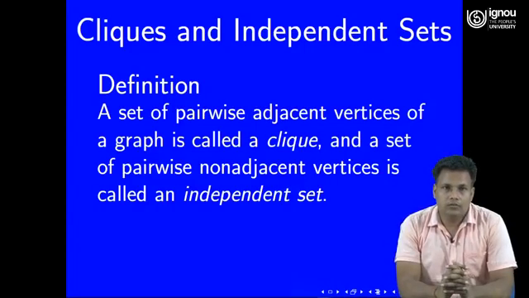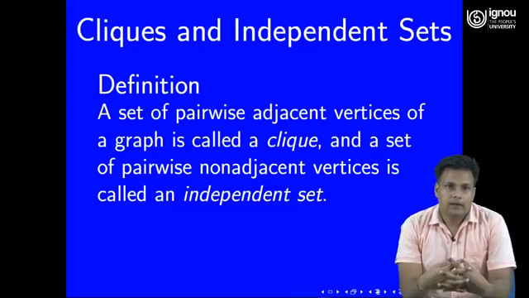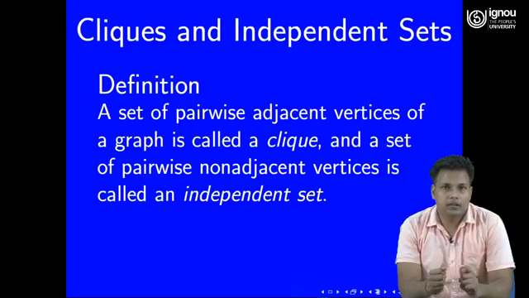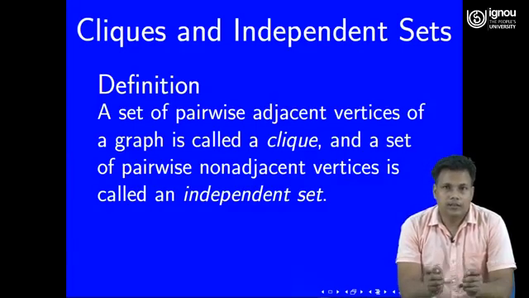And now we come to the concept of cliques and independent sets. It happens that a graph consists of a set of vertices which are pairwise adjacent, that is, pairwise neighbors of each other. And it might also occur that there is a set of vertices where none is connected to each other.